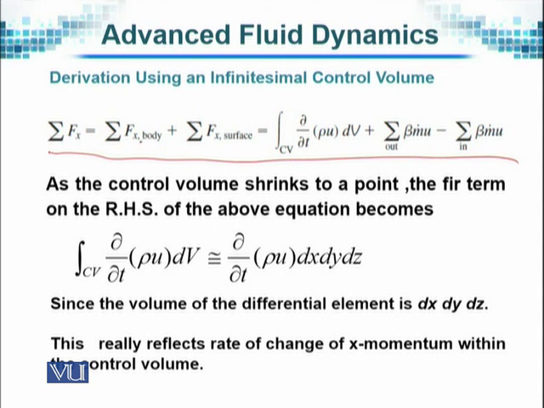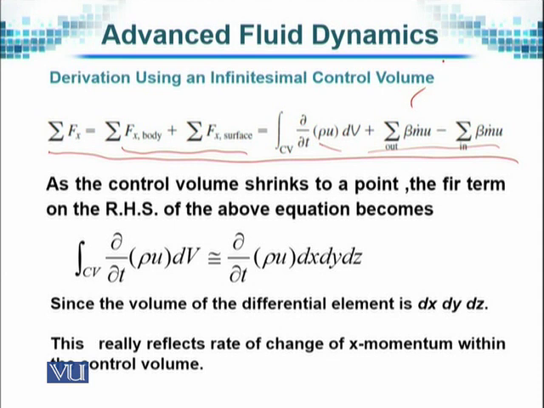So the total forces on the left hand side are mainly the sum of body forces and surface forces, and on the right hand side are momentum forces, and beta is the flux correction factor that we discussed in Reynolds transport theorem.